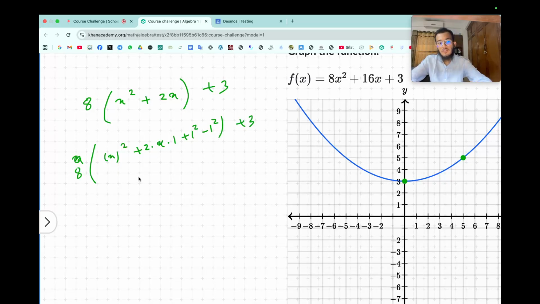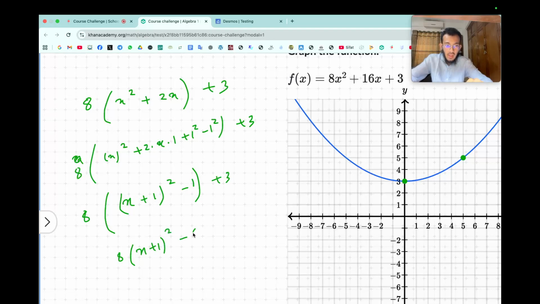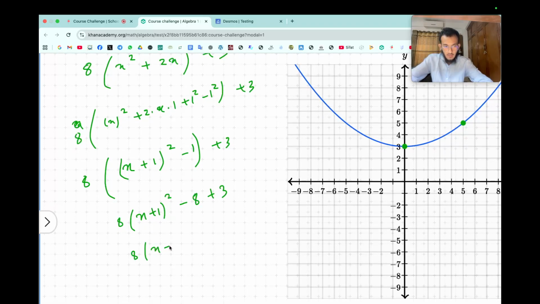Let's see whether we have preserved equivalence or not. 1 squared minus 1 squared gets cancelled out. 2 times x is just 2 times x, and everything is preserved. So we can rewrite this as x plus 1 whole squared minus 1, plus 3. Lifting up the bracket, we have 8 times x plus 1 whole squared, negative 8, positive 3, which is negative 5.